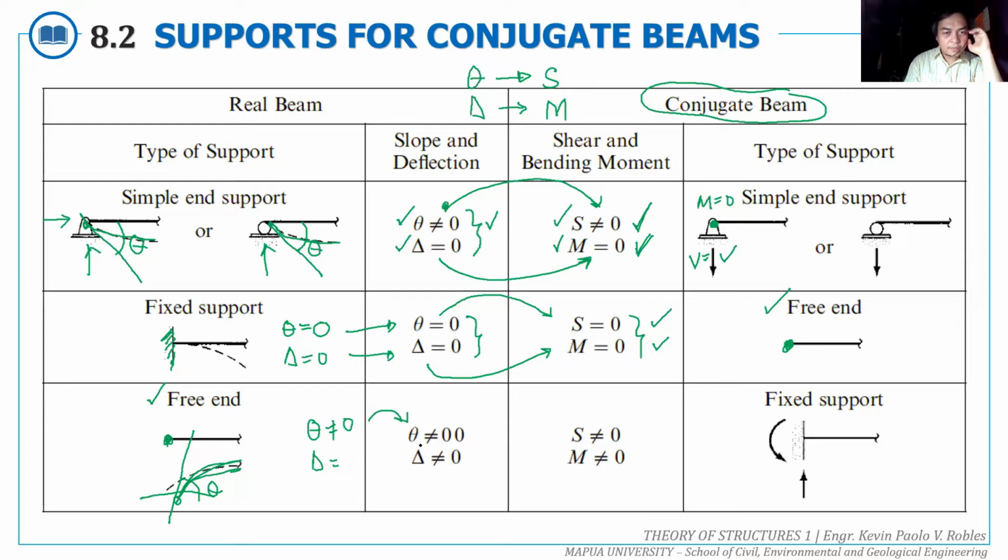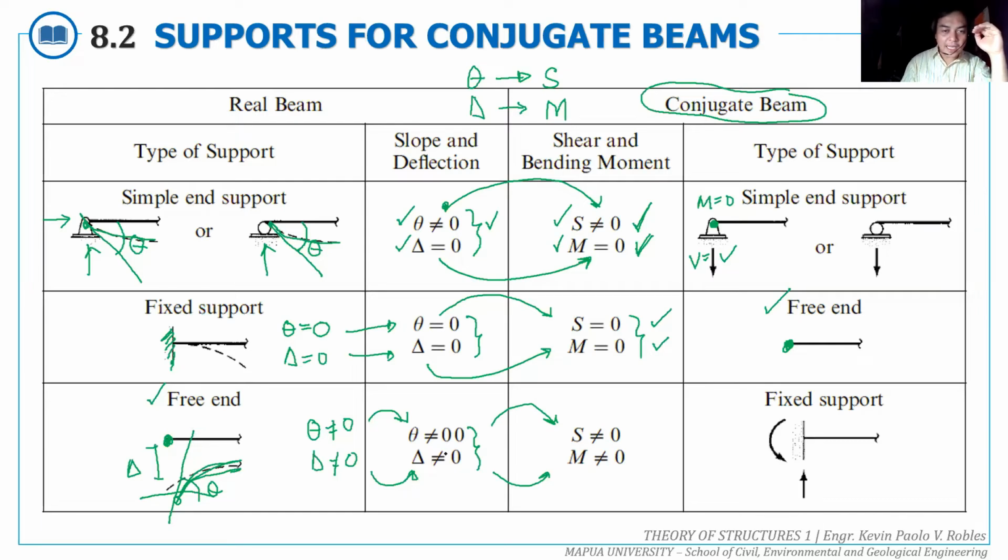Tapos, we know that a free end, when loaded, sags and has a deflection, delta. Therefore, our delta is also not equal to 0. So, if the slope and deflection of your real beam are not equal to 0, correspondingly for the conjugate beam, again, the slope corresponds to the shear, and the deflection corresponds to the moment.